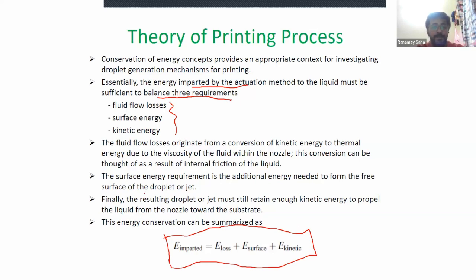Now, these are the explanations of these requirements. The surface energy requirement is the additional energy needed to form the free surface of the droplet, and kinetic energy is required to propel the liquid from the nozzle towards the substrate. Then the fluid flow losses originate from conversion of kinetic energy to thermal energy. These things should be taken care of in the total amount of energy which is supplied to the droplet.